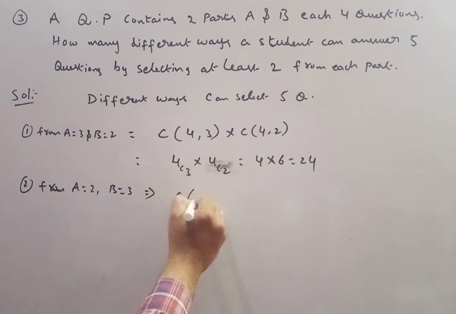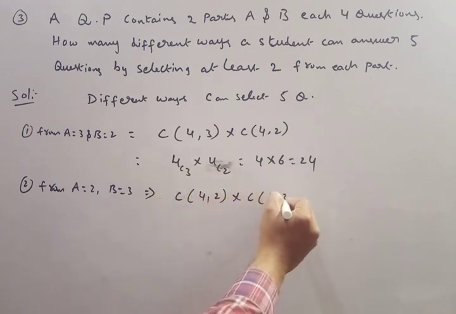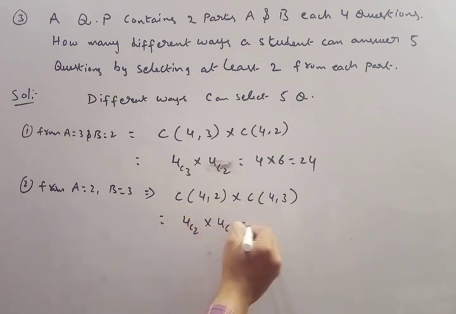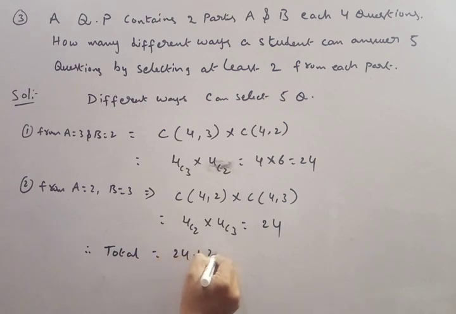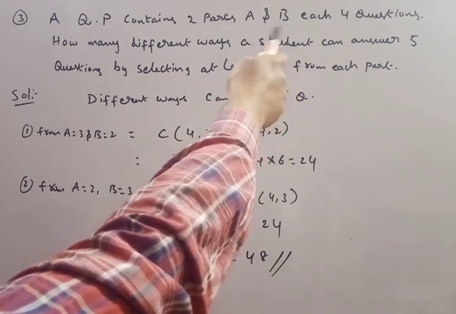That means C of 4 comma 2 into C of 4 comma 3. So 4C2 into 4C3, this one also will give you 24. So therefore total is equal to 24 plus 24. So how many cases are possible? 48 cases are possible by selecting at least 2 questions from each part.